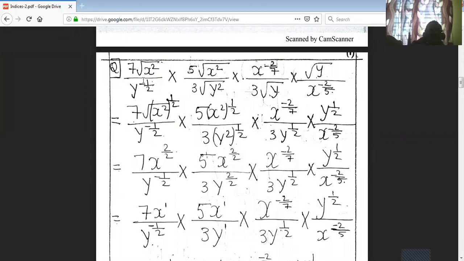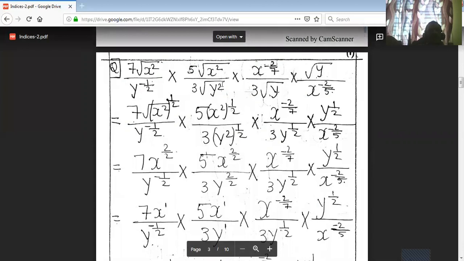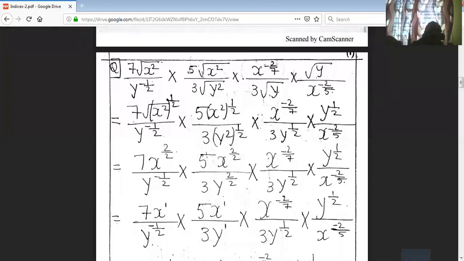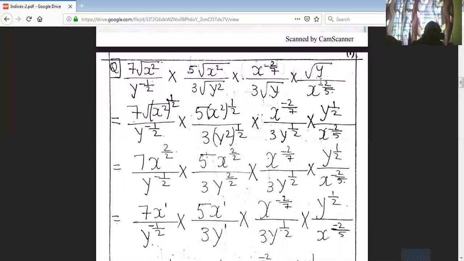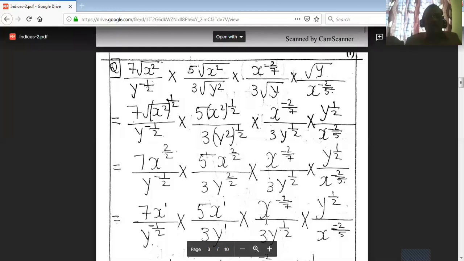It says: 7 into the cube root of x square into the fifth root of x square, x to the power of minus 2 by 7, into the square root of y divided by y to the power of minus half, all in the numerator; and in the denominator, 3 into the cube root of y square, 3 into the root of y, and x to the power of minus 2 by 5. This is what the problem is.